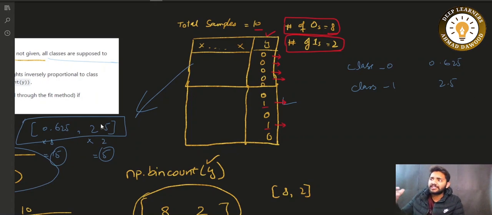Originally all the samples have equal weight, and all the classes also have equal weight, but you can tweak them.